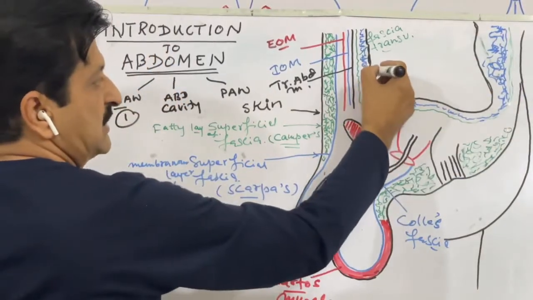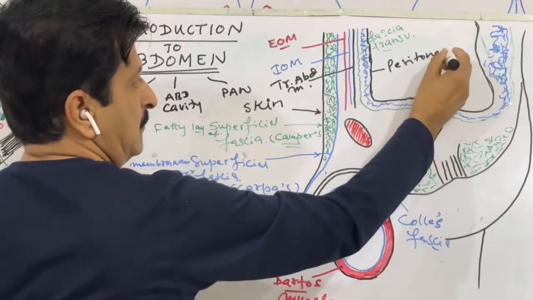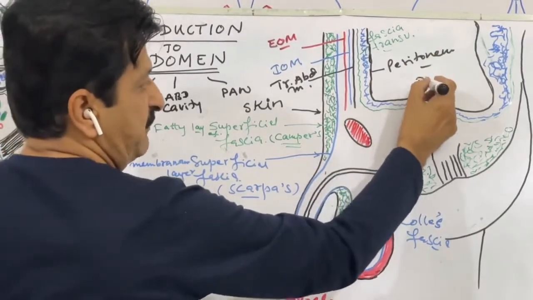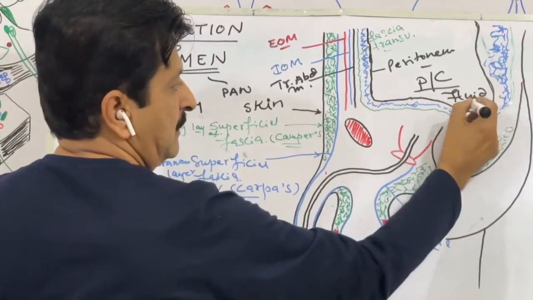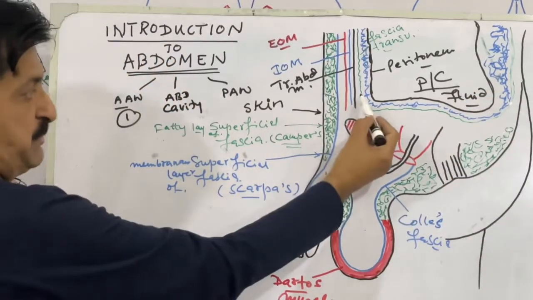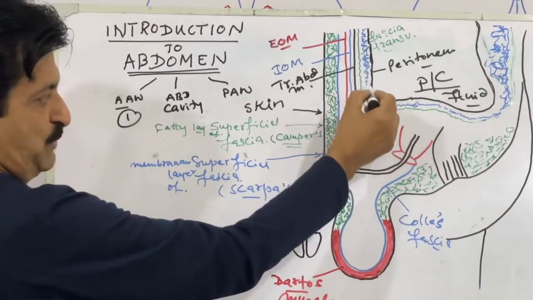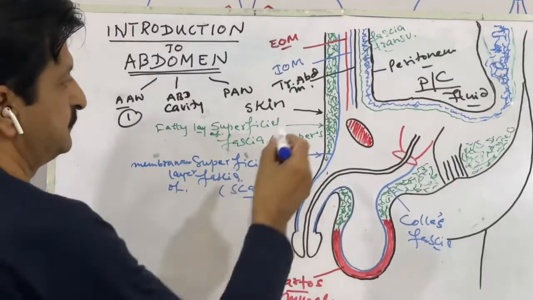And this layer is called the peritoneum. And inside it is the peritoneal cavity, in which there will be fluid. That means between your fascia transversalis and the peritoneum, this blue color which I am showing you is the fat, and this fat is called the extraperitoneal fat.